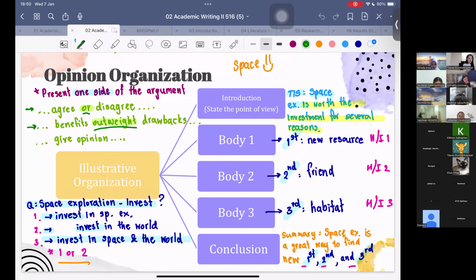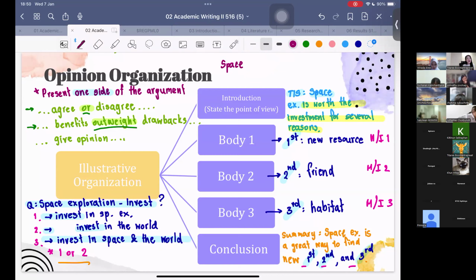So let's say I use a question like space exploration. Let's take this for example. The question asks whether you think we should go for space exploration or not.